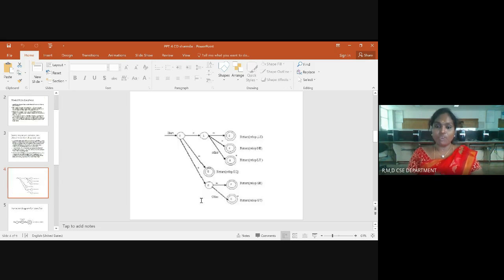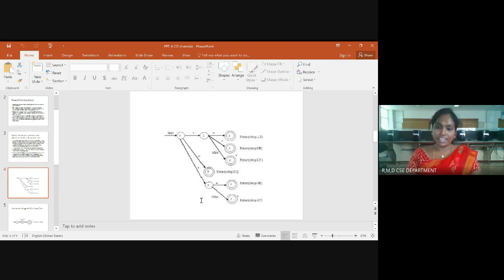The example for relational operators: the transition diagram is given for less than or equal to. Start the program at circle 0. State 0 will move to 1 when it sees less than, and then to 2 when it sees equal, and that condition returns less than or equal to. If the input symbol is less than or equal to, it will go to state 2.